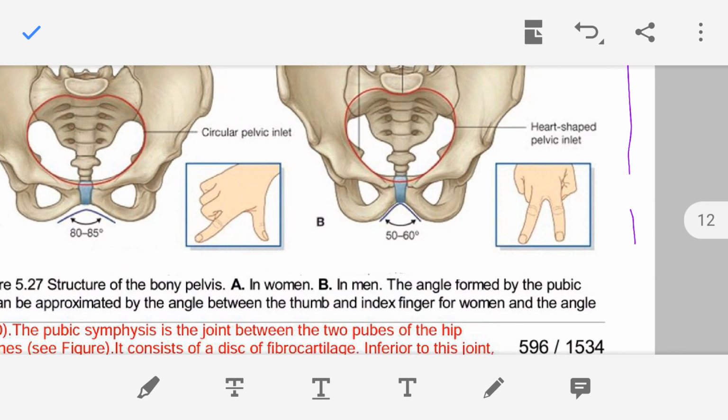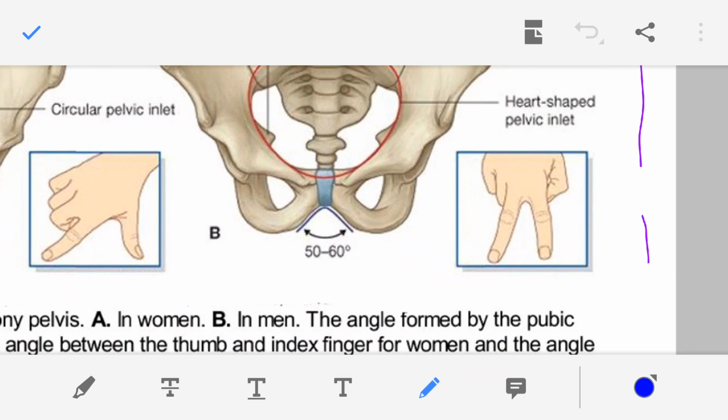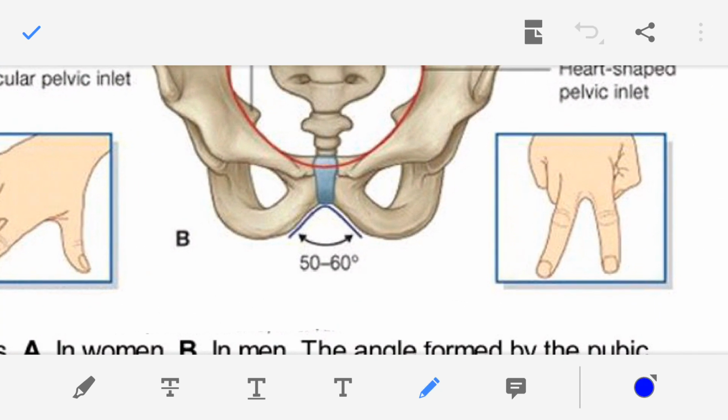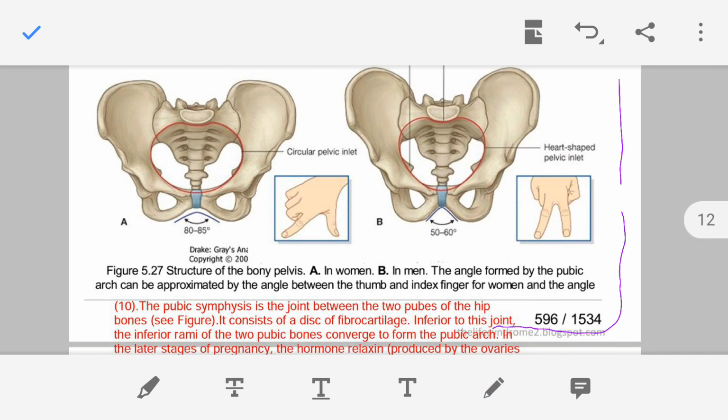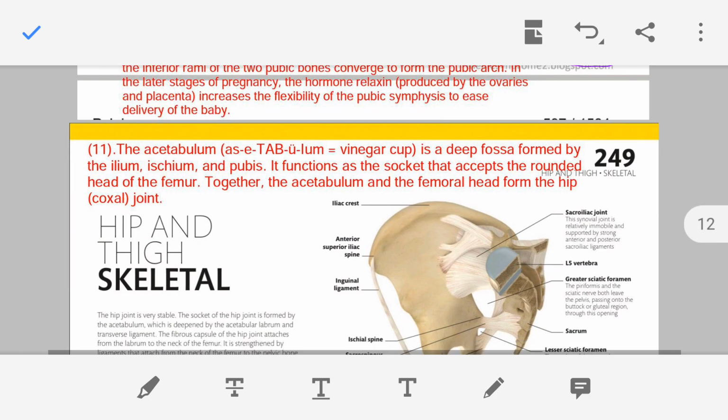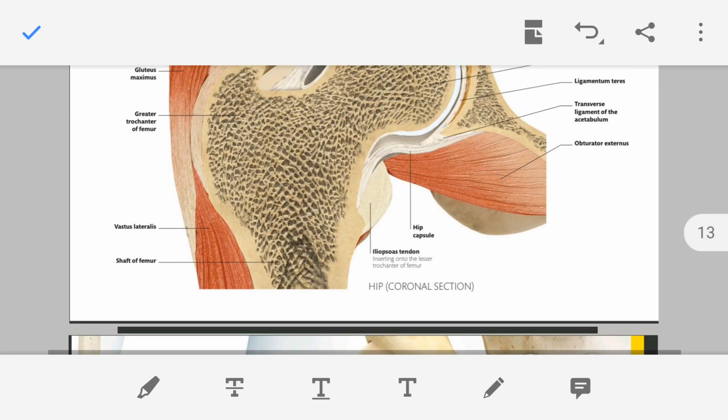I am showing you the index finger, middle finger, and this angle. This angle is approximately 50 to 60 degrees. So this is the pubic arch of the man, and it has an angle of 50 to 60 degrees. So that is the meaning of this point.